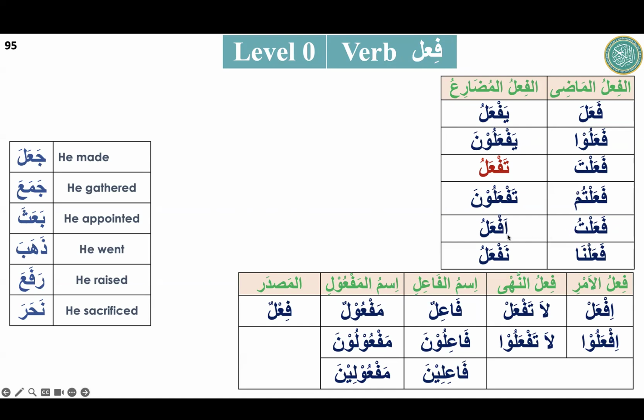Aj'alu, I make or I will make. Ja'ilun, the one who makes, maker. And maj'ulun, the thing which is made. Okay. Now, I will have some more questions for you.